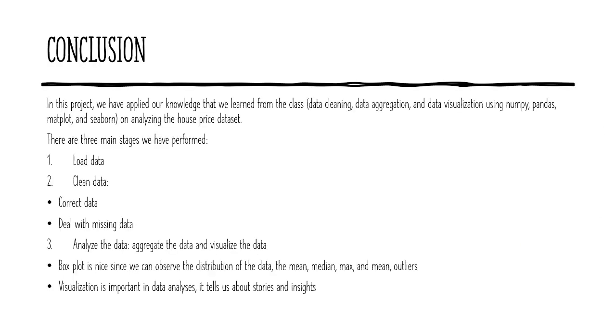And so, in conclusion, in this project we have applied the knowledge that we learned from the class, including how to work with data cleaning, data aggregation, and data visualization using NumPy, Pandas, Matplotlib, and Seaborn, on analyzing the house price dataset. There are three main stages that we have performed: loading data, cleaning data.